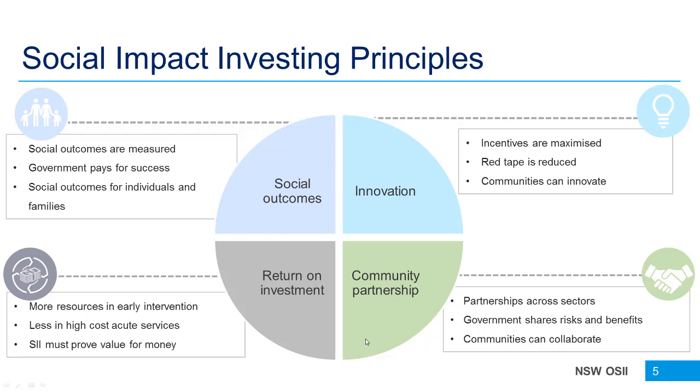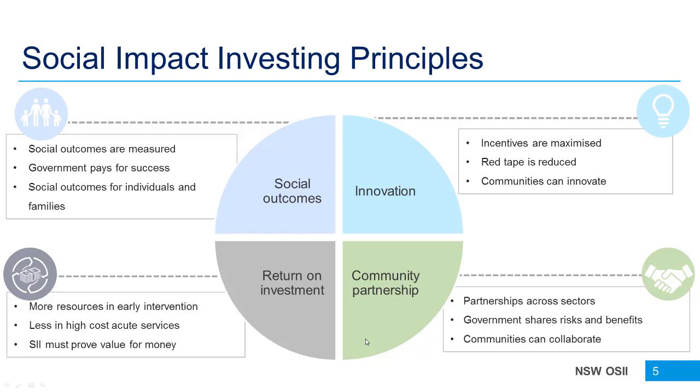The final principle is return on investment. Social impact investing encourages more resources to be invested in early intervention and prevention services. This means that prevention services enable a reduction in high-cost acute services later down the track.